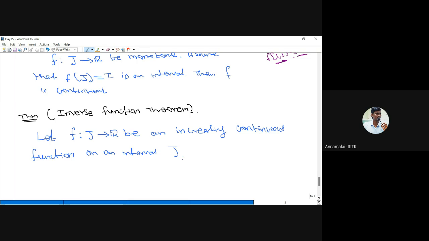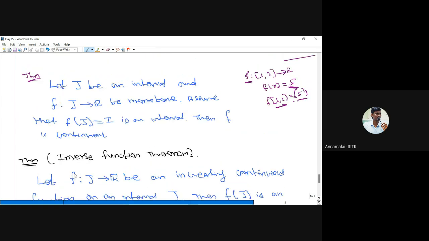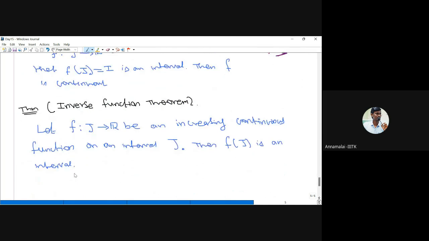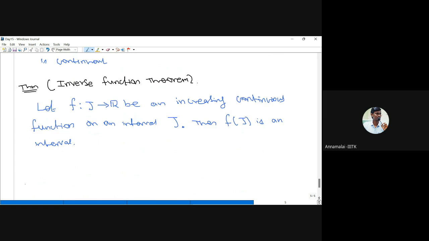Then the conclusion is f of J is an interval. So an increasing continuous image of an interval is an interval. But in general, the continuous image of an interval need not be an interval. Just now we took the constant function. The image of an interval is not an interval, but if the function is increasing, then the continuous image of an interval is an interval. That is the first part of the theorem.